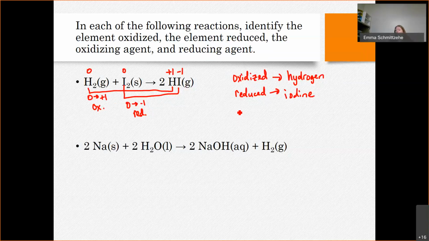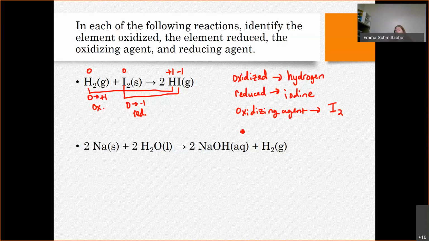And then if we want to look at it from the other direction, if we want to talk about the oxidizing agent, that's the thing that allows the oxidation, which is a loss of electrons. And so it is the thing that is then going to pick up those electrons. So it's actually the reactant that contains the reduced substance. So in this case, it would be the I2, okay?